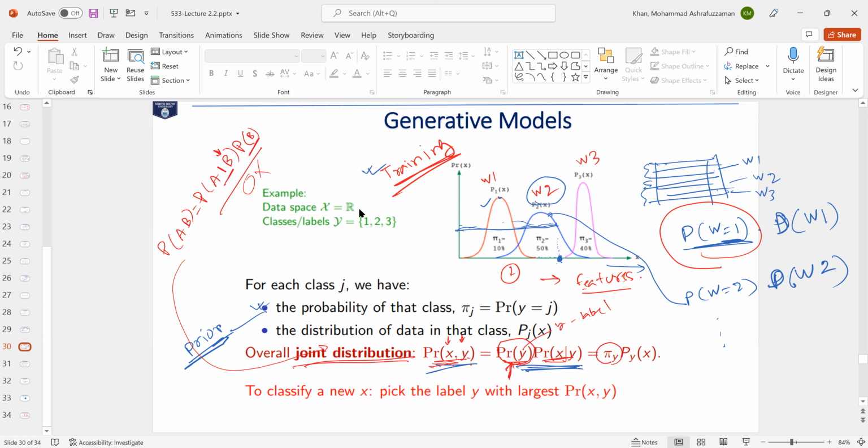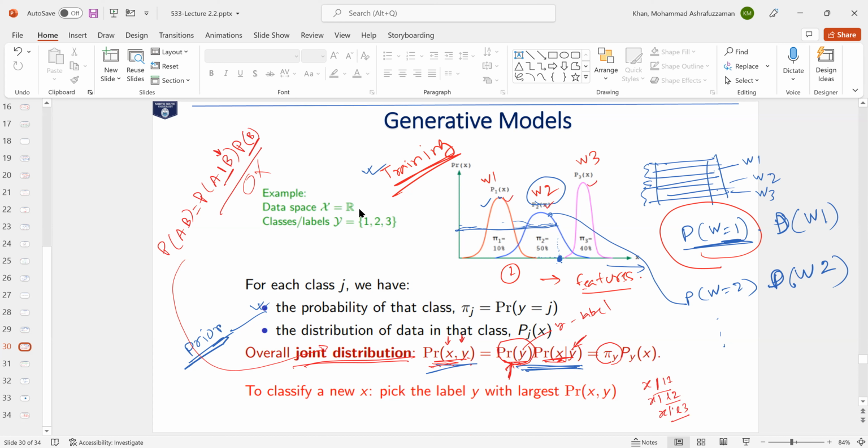And then probability of x given y. So x given y means x given the level. We have three levels here: x given level 1, x given level 2, x given level 3. Three different levels, so we try three different distributions.